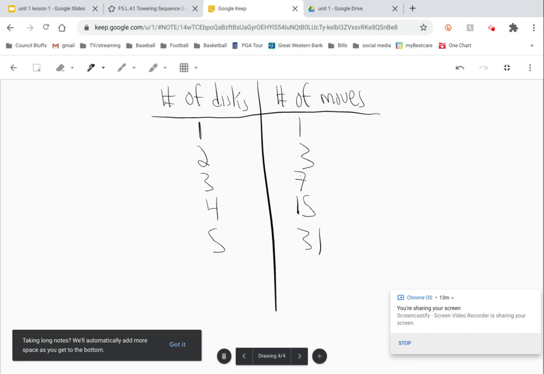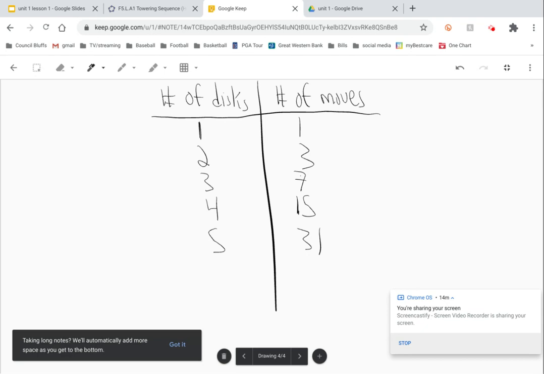So double 1, 1 times 2 is 2 plus 1 is 3. If I do the same thing here, 3 times 2 is 6 plus 1 is 7. 7 times 2 is 14 plus 1 is 15. 15 times 2 is 30 plus 1 is 31.